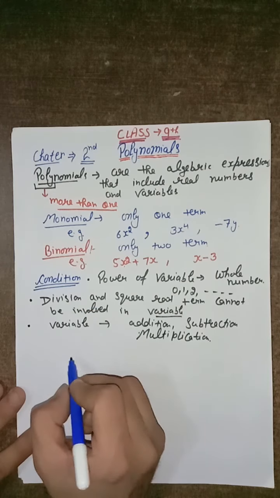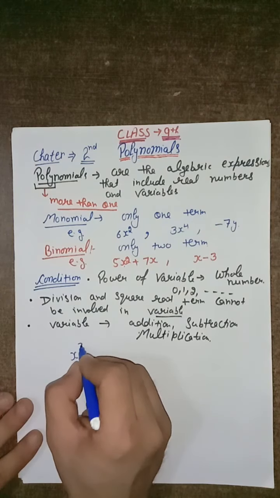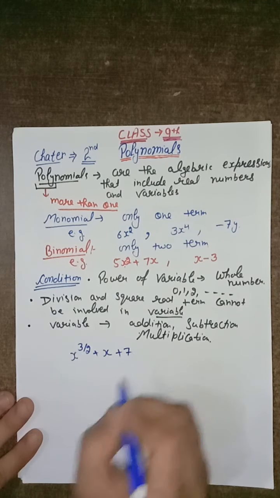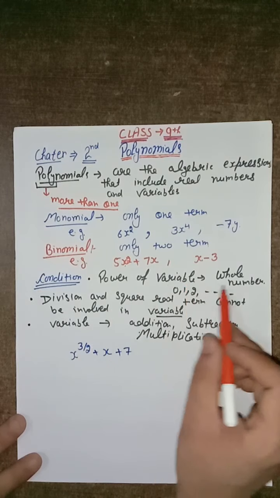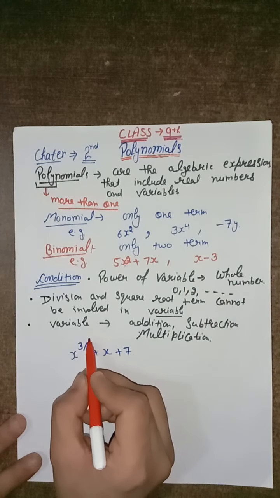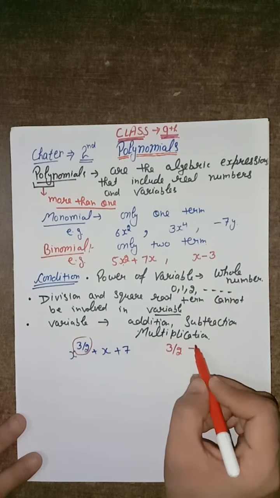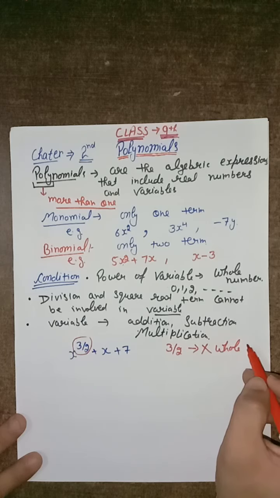If I say x raised to power 3/2 plus x plus 7, is this my polynomial? No, because my first condition says power of a variable should be a whole number, but here 3/2 is not a whole number, so this is not a polynomial.